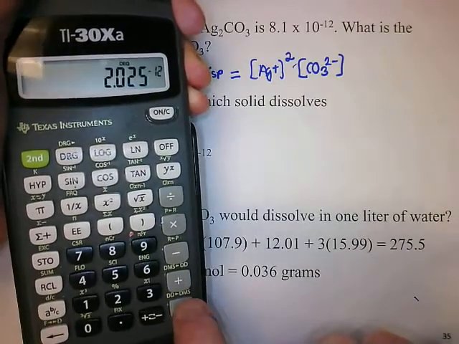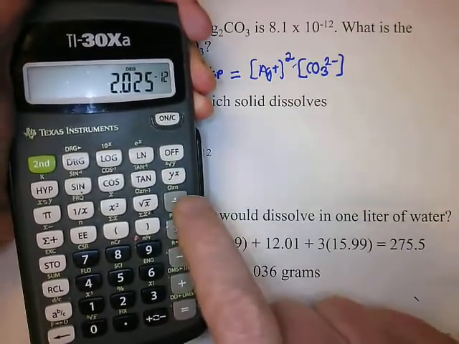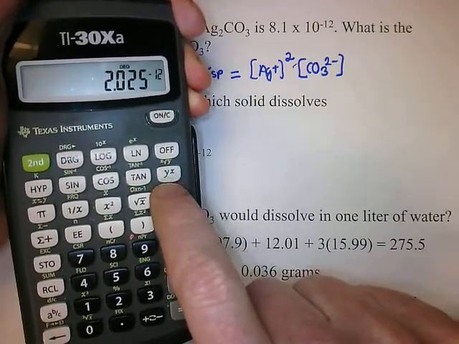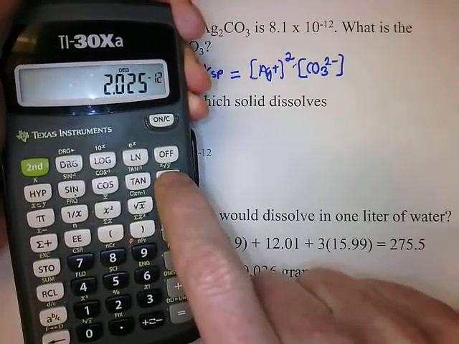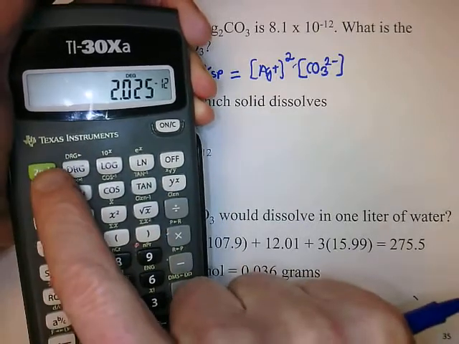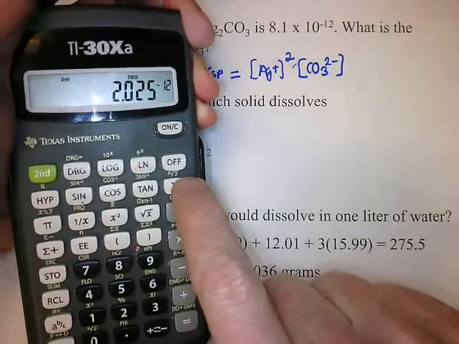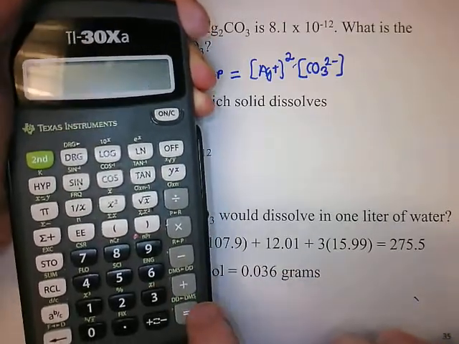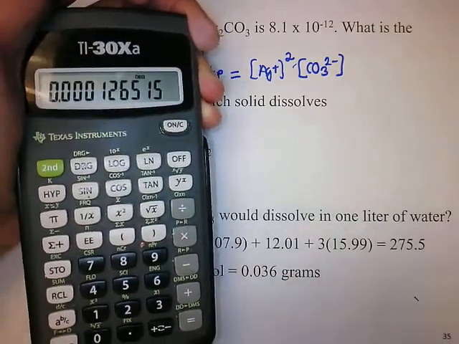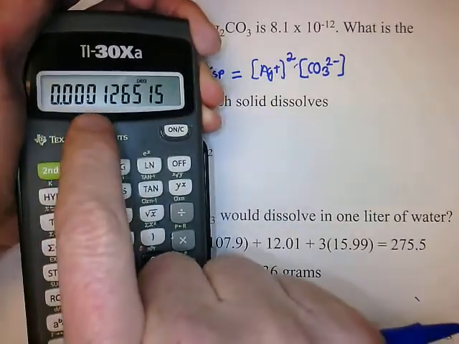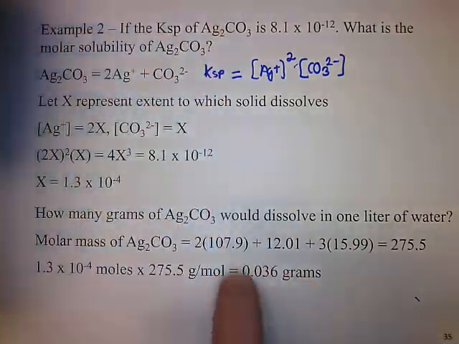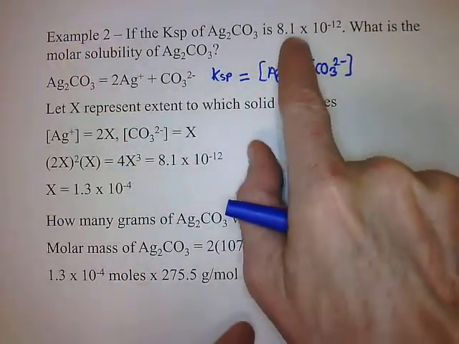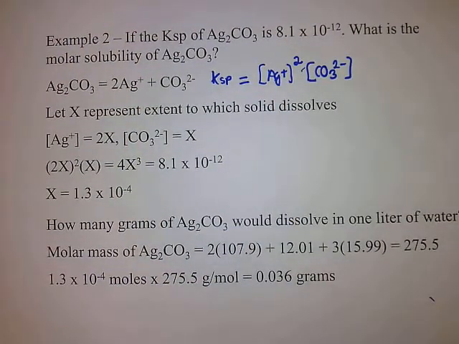To take the cube root, we use the inverse function of the y to the x power. That's the cube root. So inverse y to the x, or cube root of 3. And you get 1.26 times 10 to the minus 4th, which I rounded up to 1.3 because we only had 2 significant figures in the KSP.